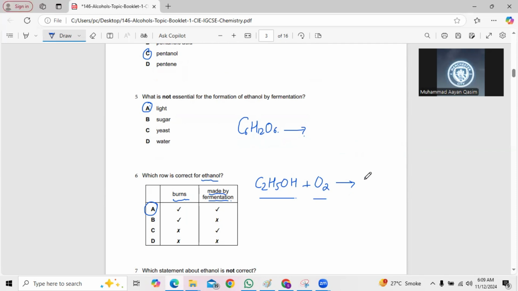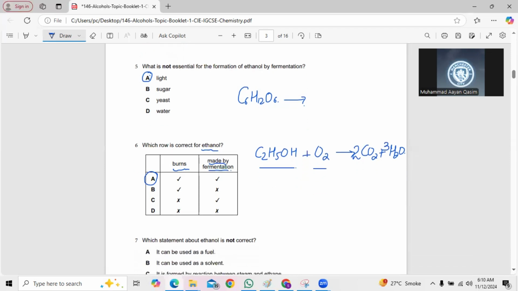Carbon dioxide, yes, and the other thing is water. Remember this, okay? This is always formed. So you are going to put 2 here and you are going to put 3 here, okay?